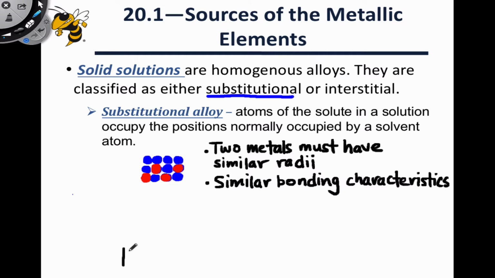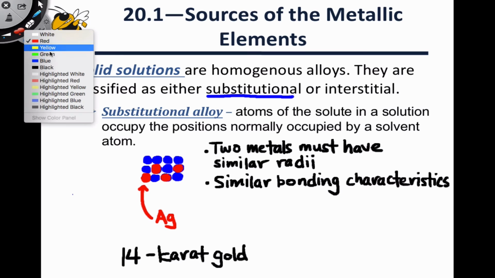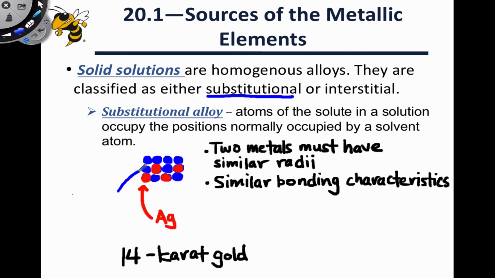A great example of a substitutional alloy is 14 karat gold, which in fact is not pure gold, it's actually a solid solution, a substitutional alloy containing silver atoms in the crystal structure along with gold atoms. The fact that silver and gold are in the same group and their similar atomic radii means that silver can easily replace gold to form this substitutional alloy.